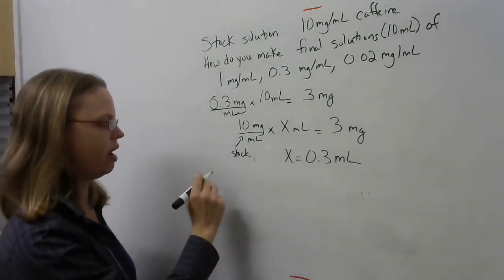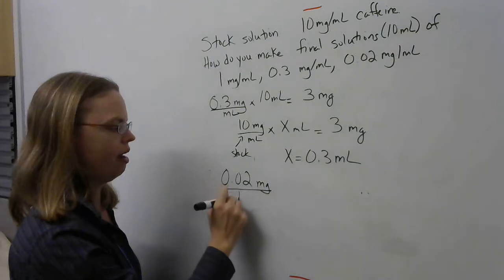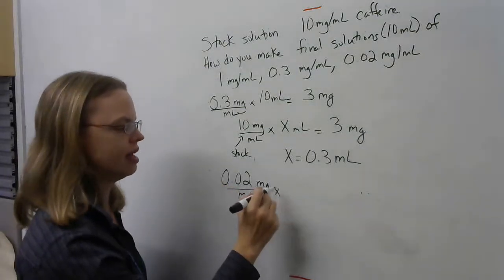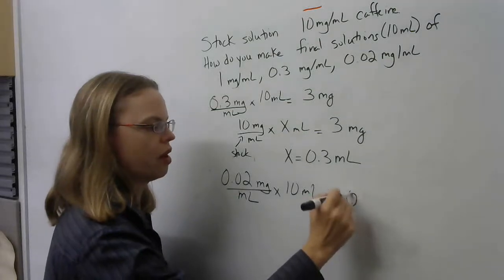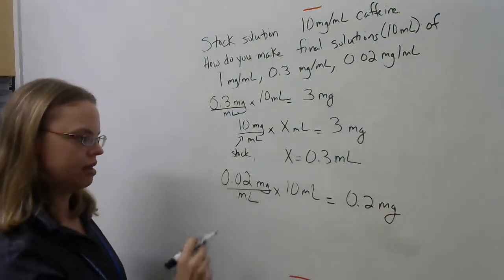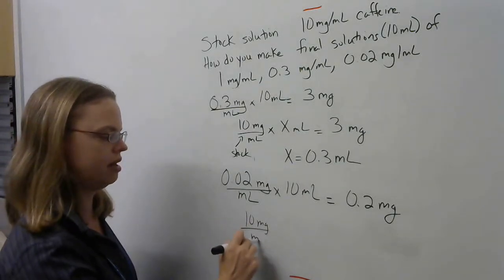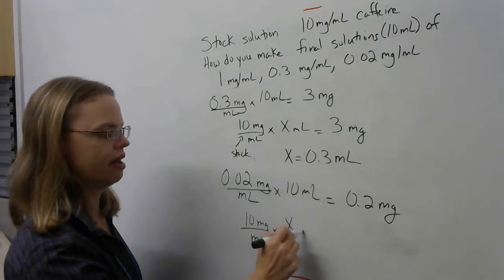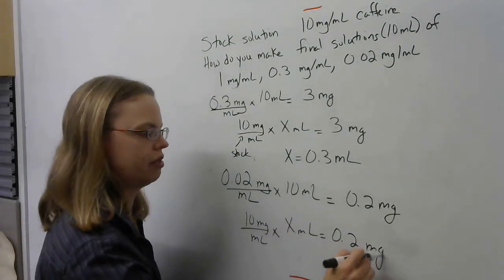So for the 0.02, we've gotten into it. We know how to do this now. 0.02 mg per mL times 10 mL would equal 0.2 milligrams. And then again, 10 mg per mL times X mL is equal to 0.2 milligrams.